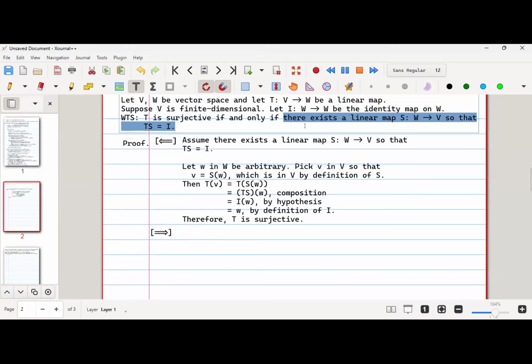Anytime you're asked to show that there exists something, a very common strategy is to just give an example of it, and then show that it satisfies all the properties that you want it to, right? TS equals I means that S is the inverse of T, right?